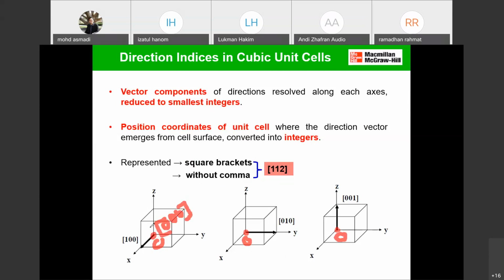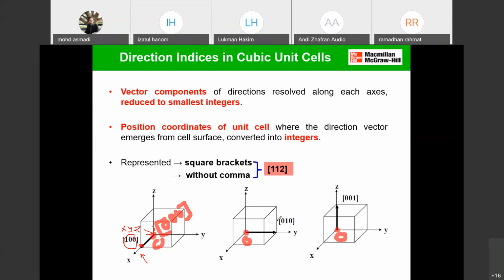If you get here, this one is the tail and this one is the tip, the arrow tip, which represents the direction of the atom. The position is 1 0 0. You have to remember that this is 1 0 0, because x is 1, y is 0, z is 0. It's only one direction along the x axis, with no direction to z and no direction to y.